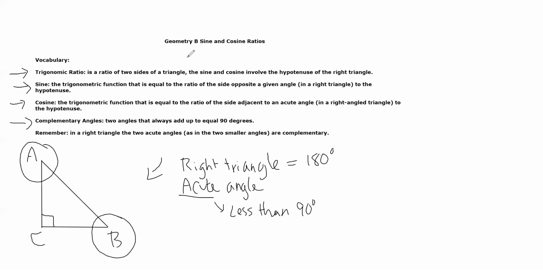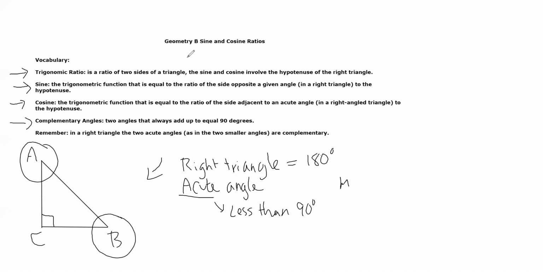Well, remember, the condition for a right triangle is that it has to have one angle that's 90 degrees, and all three angles have to add up to equal 180 degrees. Now we know that 90 plus 90 gives us 180, which means that the other two acute angles both have to be less than 90 degrees. And when you add them up, they have to equal 90 degrees. In other words, they're complementary.